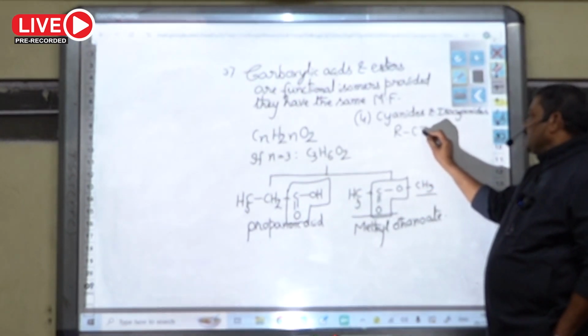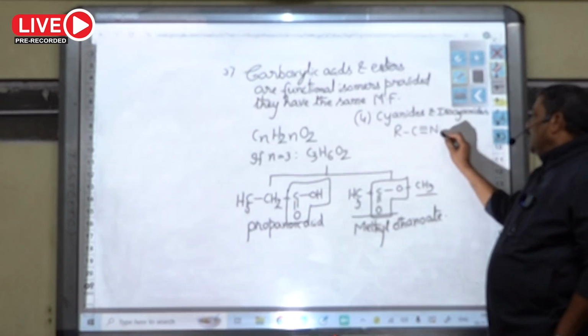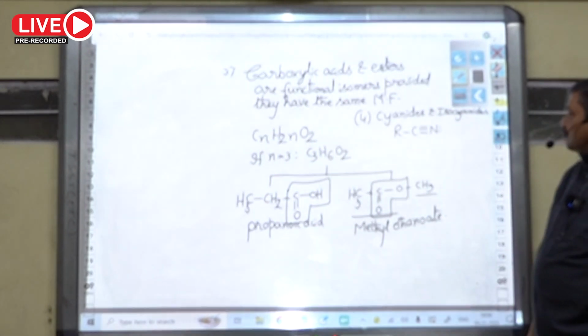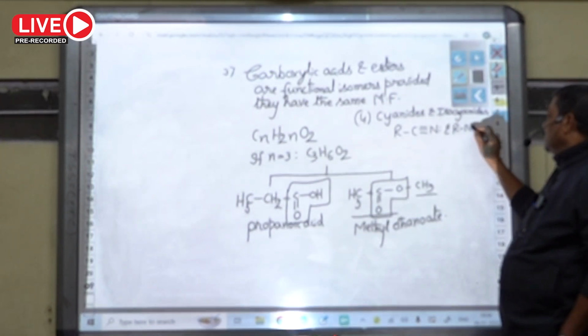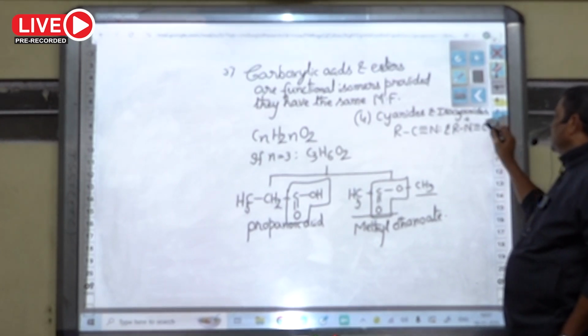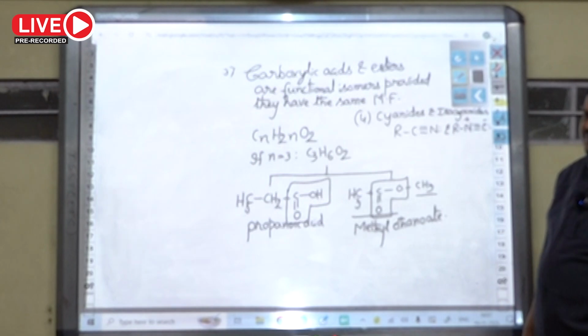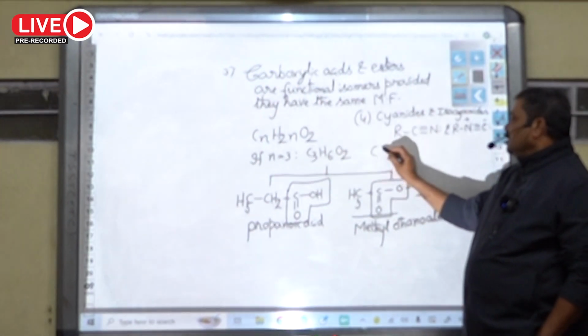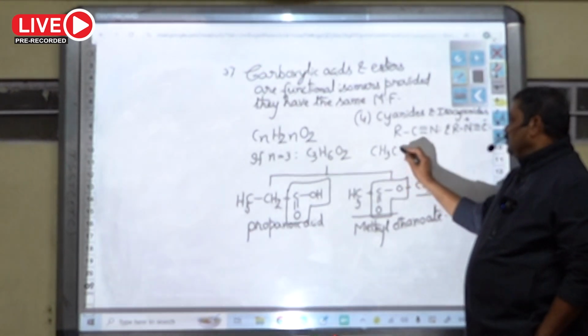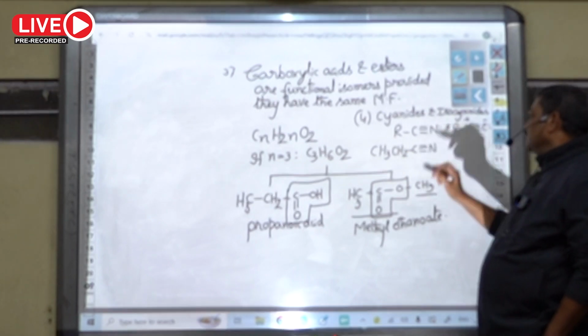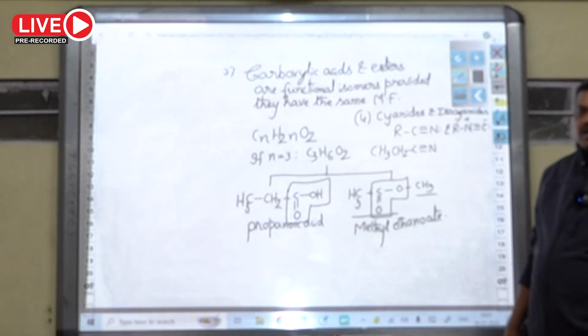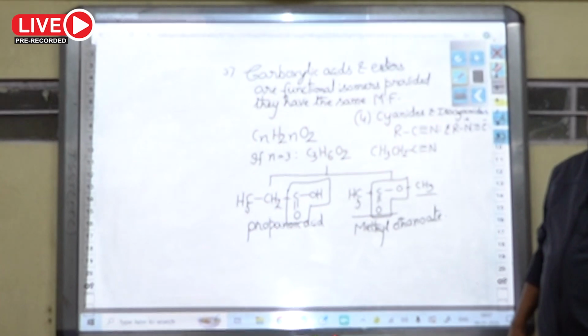Cyanide means RC triple bond N. And isocyanide, RN triple bond C, where N is plus, C is minus. If you want to write ethyl cyanide, that is the common name.